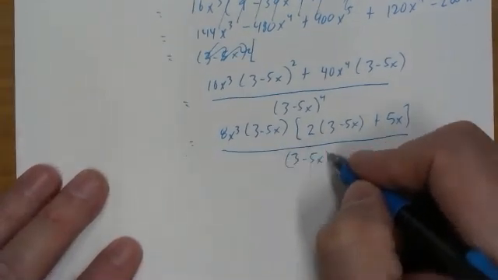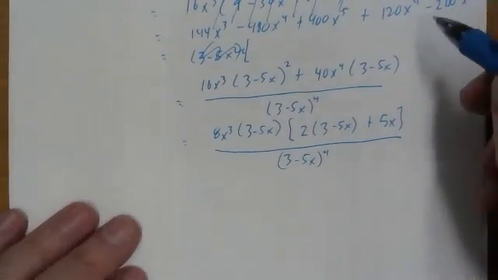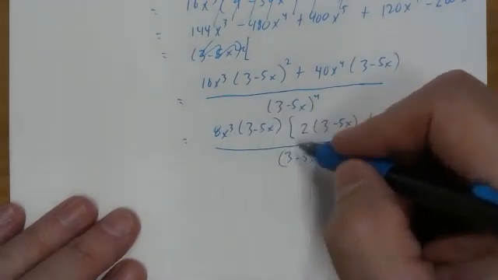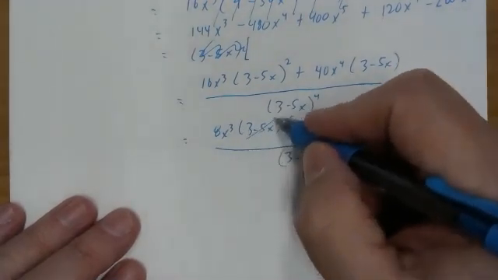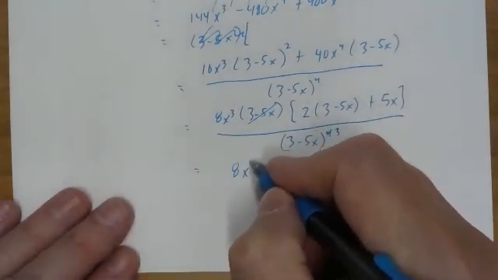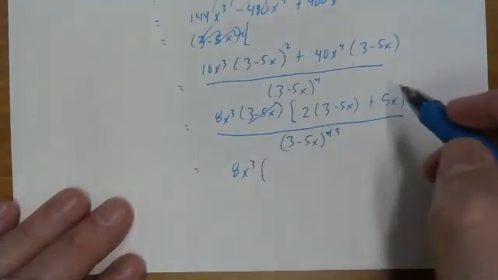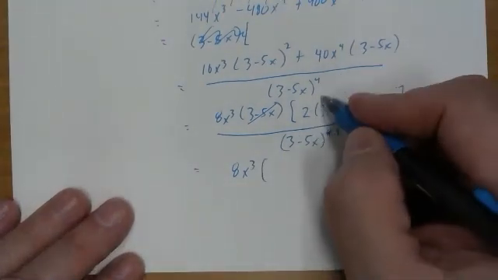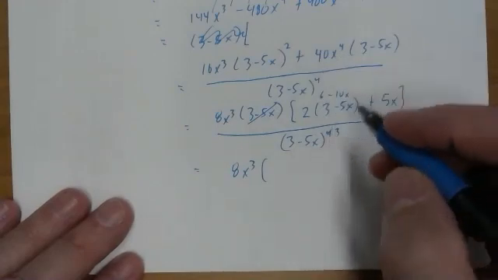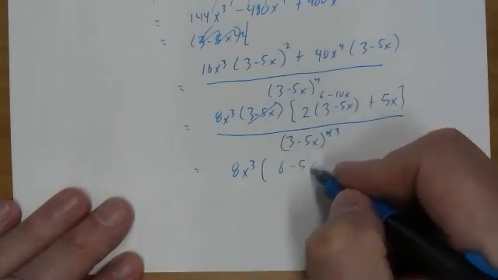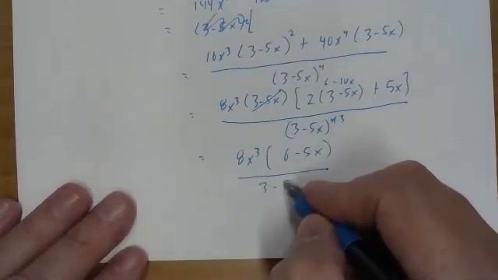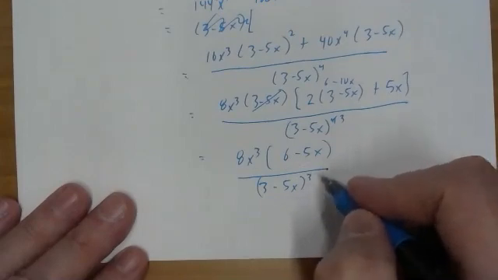So this is just very messy algebra. So this 3 minus 5x and 3 minus 5x to the 4th, that cancels and that becomes to the 3rd. Inside here, it's going to be 6 minus 10x. So it should be 6 minus 5x, all over 3 minus 5x to the 3rd.